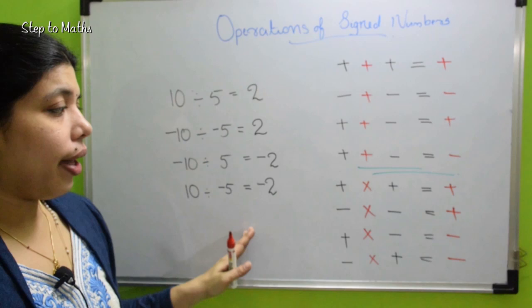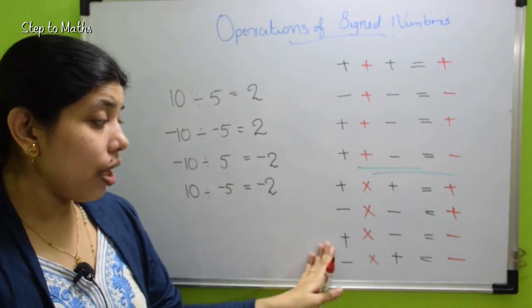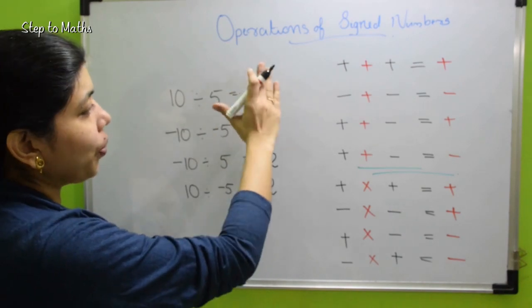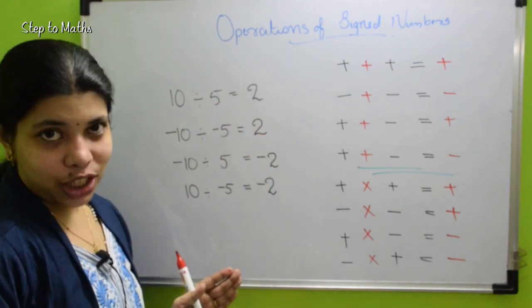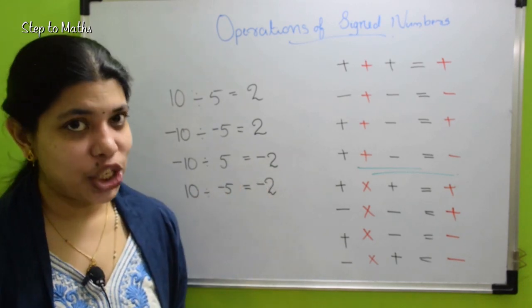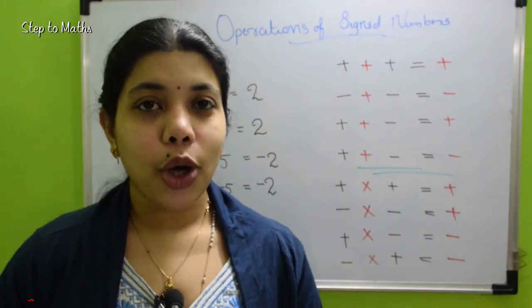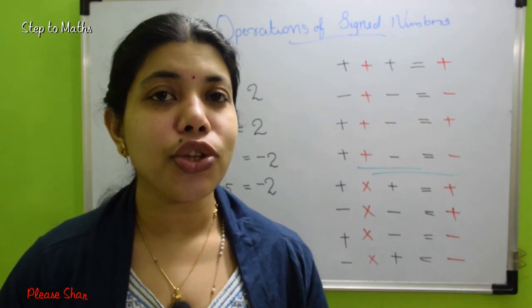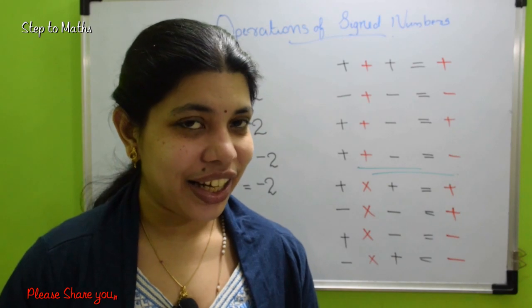Same rule as multiplication. Signs are same, the sign of the answer is positive. Signs are different, the sign of the answer is negative. I hope now the basic mathematical operations of signed numbers are clear.